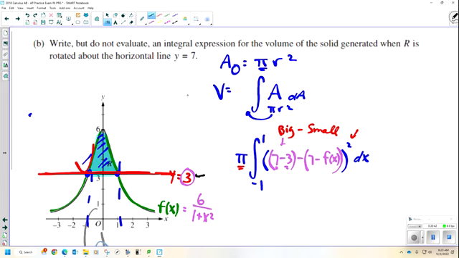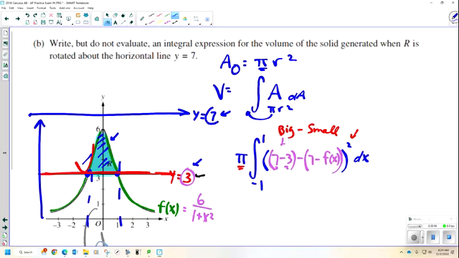And this one right here was y equals 7. Isn't 7 bigger than both of these functions, f of x and 3? Because it's taller. It's further away from the y-axis. So that's how I know this is bigger. That's how I know I'm going to start with 7 and subtract 3 here. That's how I know I'm going to start with 7 and subtract f of x here. Okay, we're done.